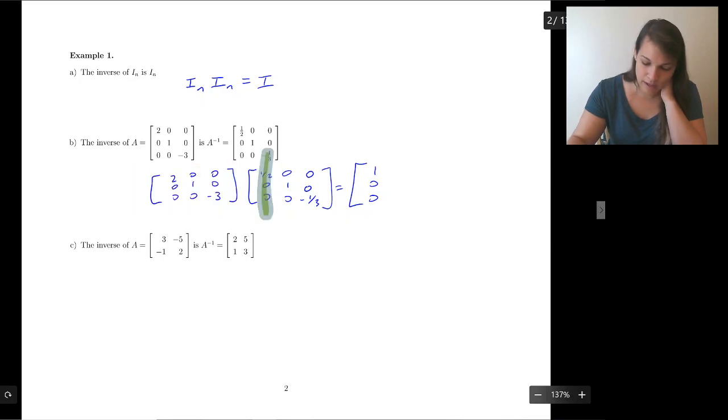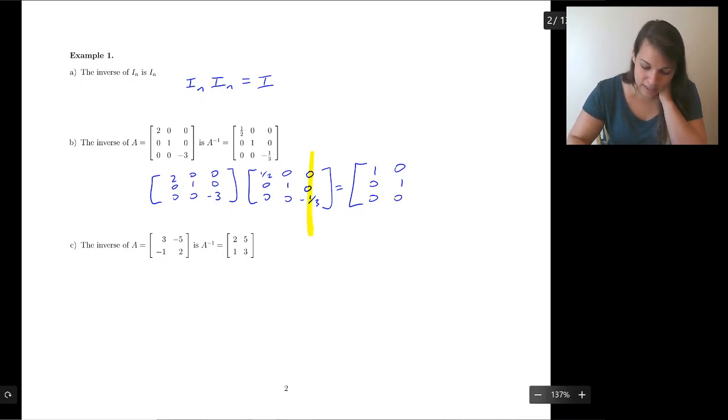Okay. And then next one, we take column 2 and we do row 1, which is going to be 0. Row 2 will be 1. Row 3, you're going to get 0. And so 0, 1, 0. So far, so good. And then we take the last column.